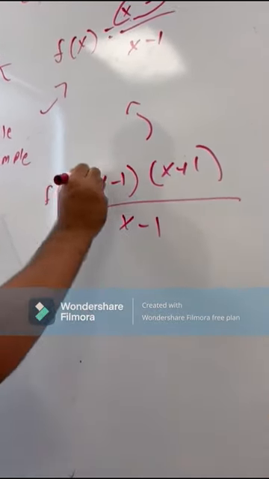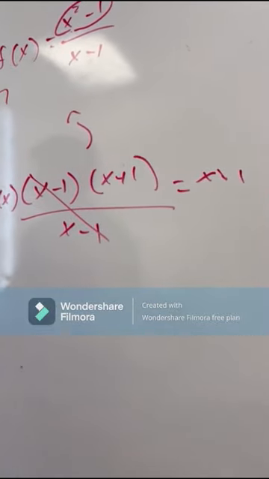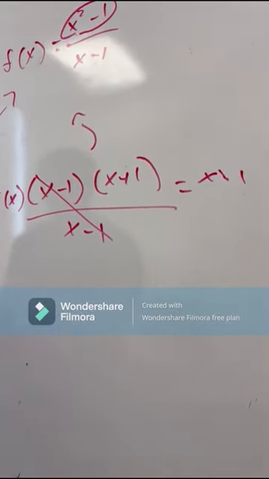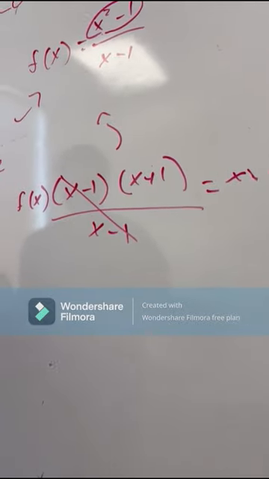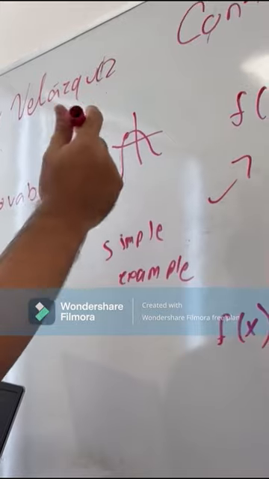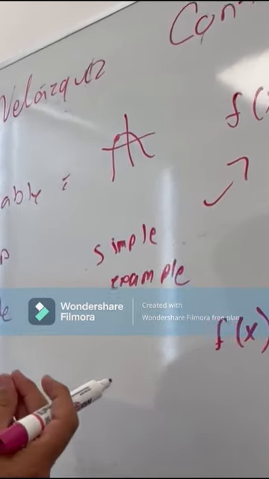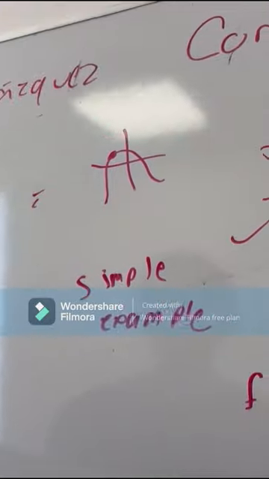We basically cancel this and we have x plus 1. So, as we can see here, there's a hole at 1, and that's a removable discontinuity. We could fix it by defining the value at the point as 2, and the function will be continuous.